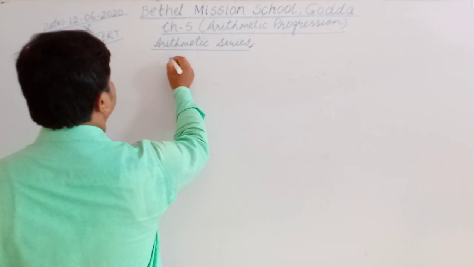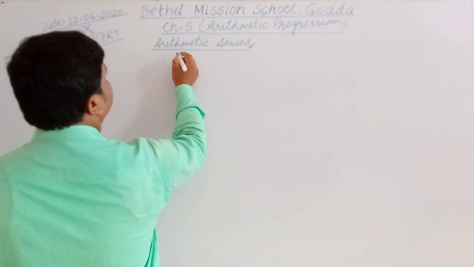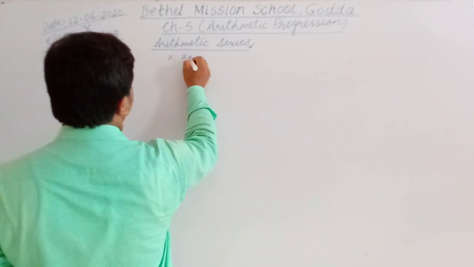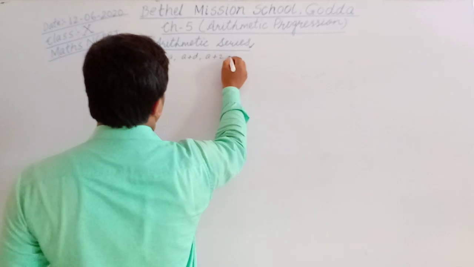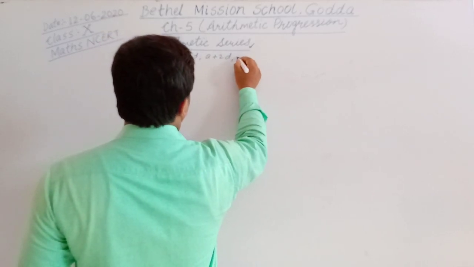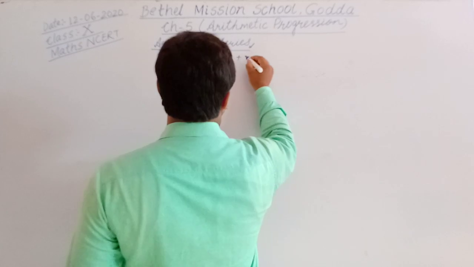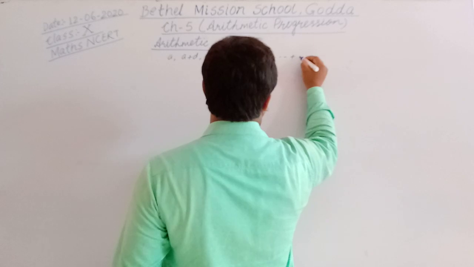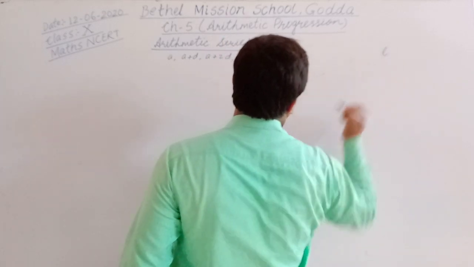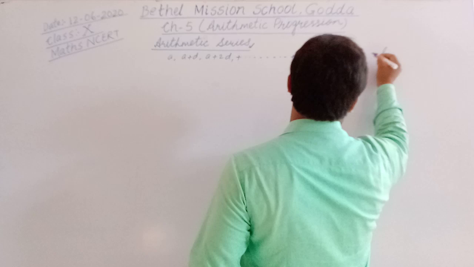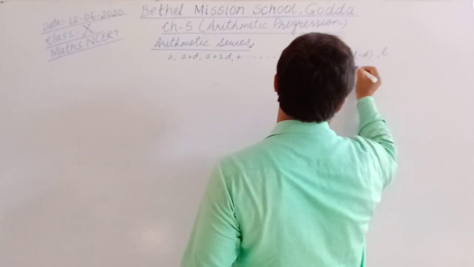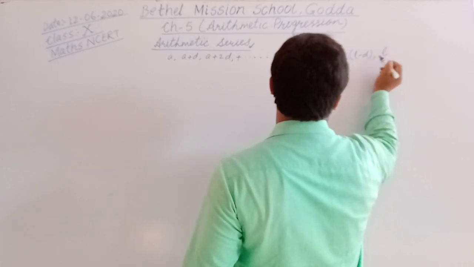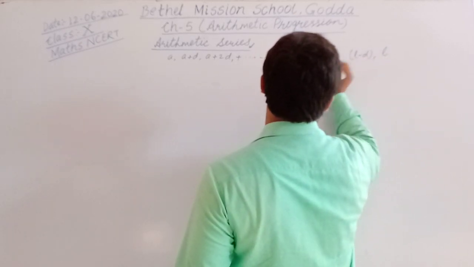In an arithmetic progression the terms are A, A plus D, A plus 2D, and so on, and the last term is L. Then the second last will be L minus D, and the third last will be L minus 2D.